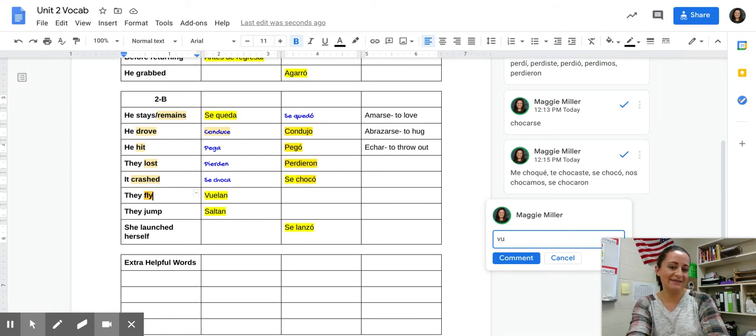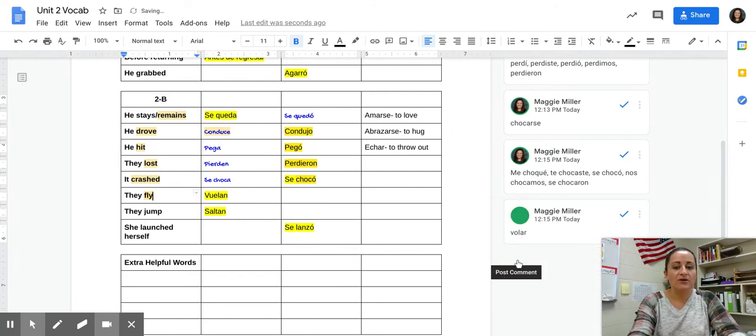No, it's not. It's volar. Okay, now that tells you that in the present tense, it is an O to UE stem change. Now in the present, remember that those stem changes happen in the boot. So it would be vuelo, vuelas, vuela, volamos, no stem change in that nosotros, and vuelan.